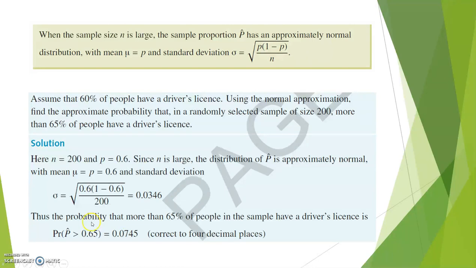So now, to find the probability that the sample proportion is going to be more than 0.65, we're going to find the probability that p hat is greater than 0.65 using a normal distribution. We find that our answer is 0.0745.